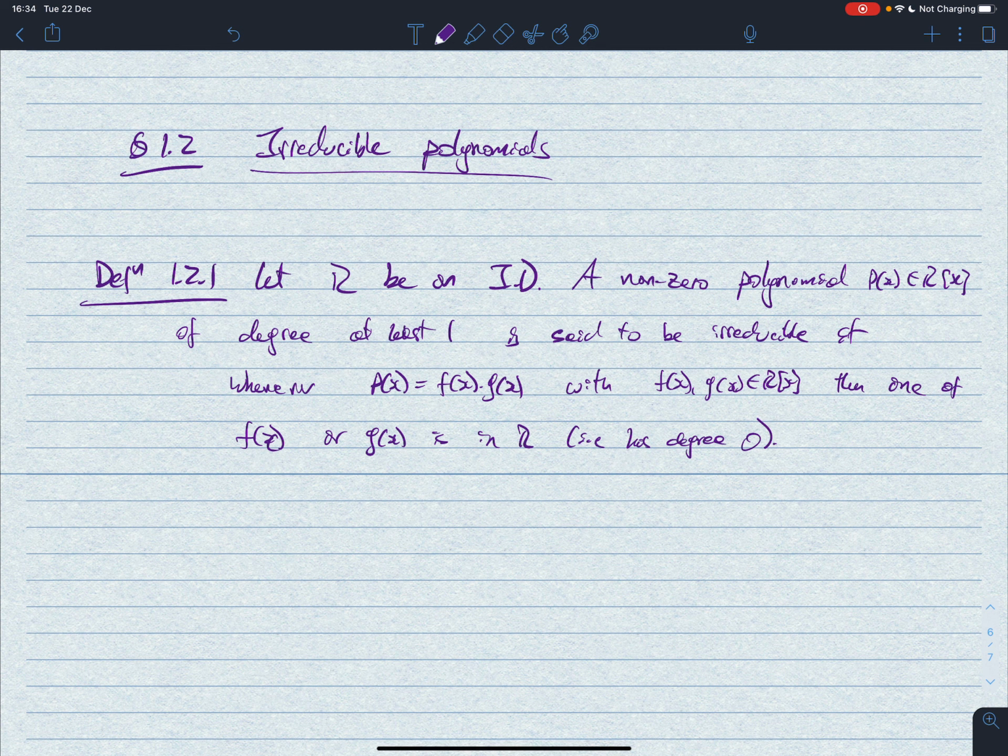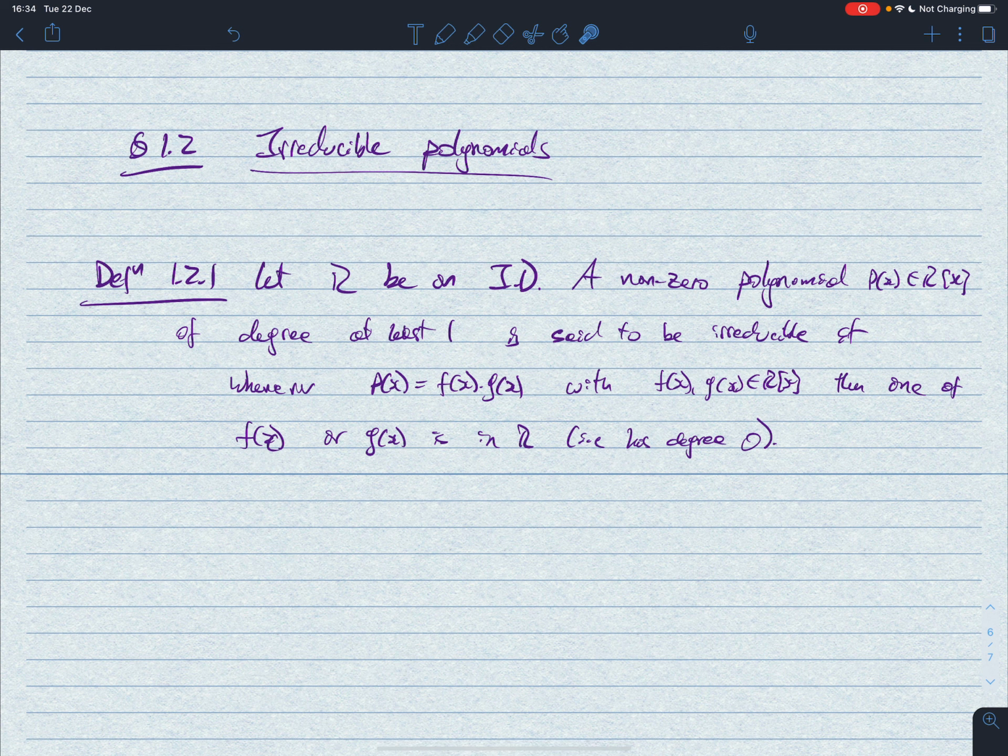One thing to note is that this is slightly different from the definition of an irreducible element that we had before. Before we said an element was irreducible whenever it factored, one of the things had to be a unit.